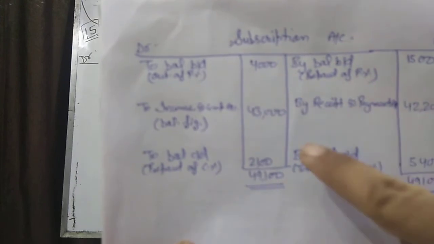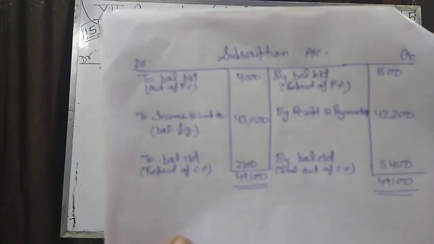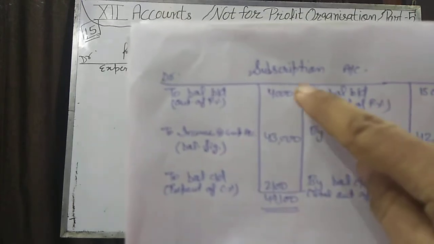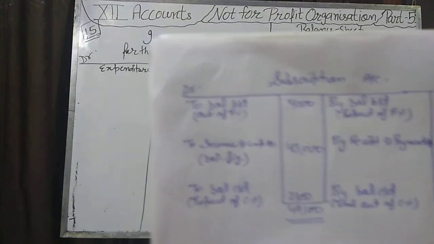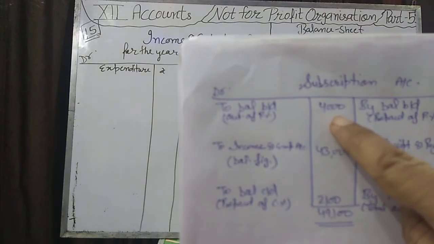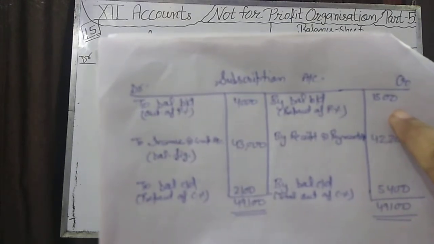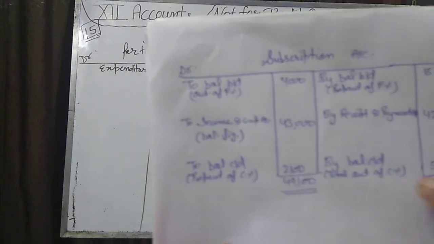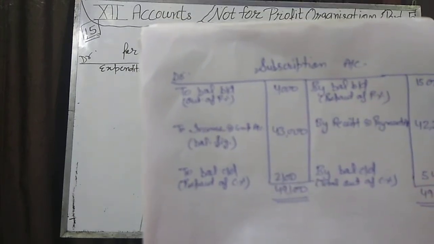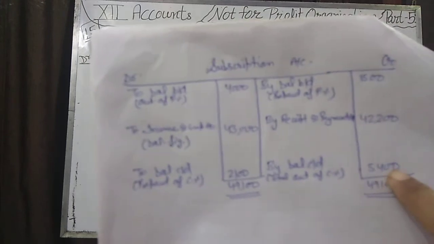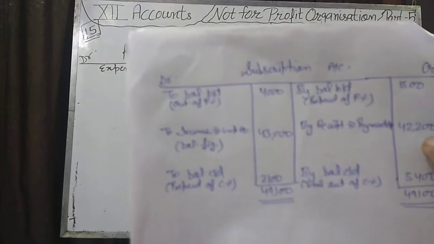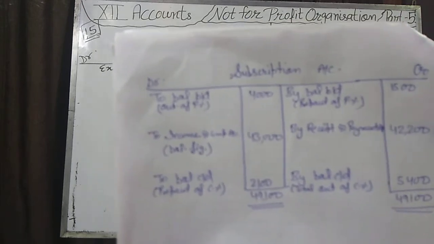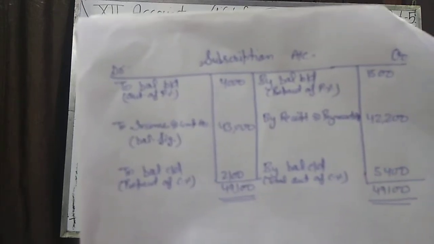Only these 6 items we will write in the subscription account. 5 are given to us in the question: outstanding of previous year is 4,000, prepaid of previous year is 1,500, prepaid of current year is 2,100, and outstanding of current year is 5,400. And this is also given in the question, that 42,200 we have received in this year.